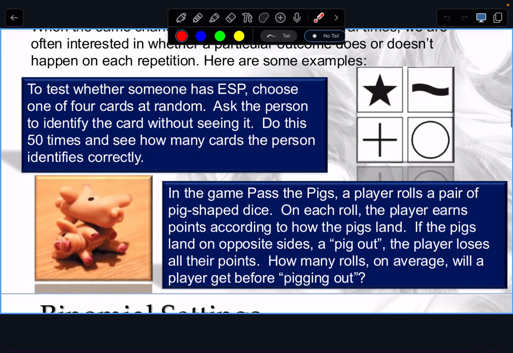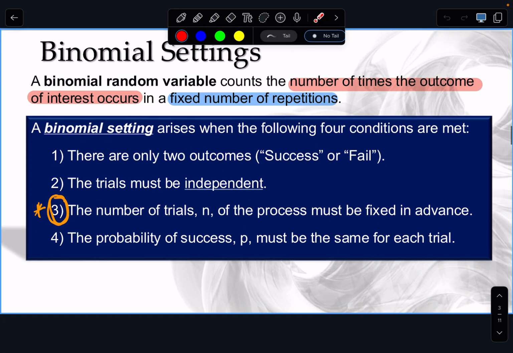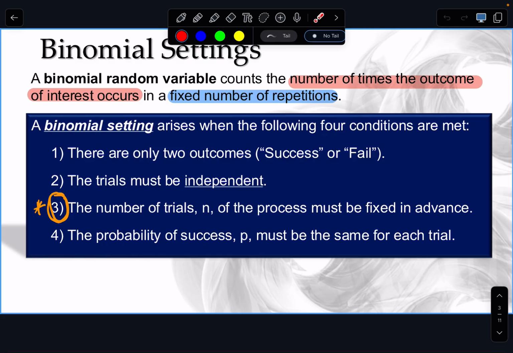So for the binomial setting, which is the one we're going to focus on today, and then we'll talk about geometric tomorrow, when I define a binomial random variable, we are counting the number of times the outcome of interest occurs in a fixed number of repetitions.